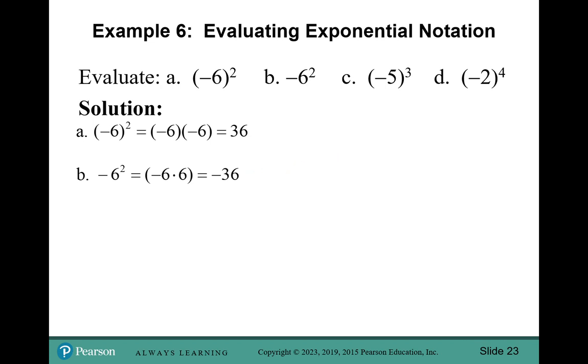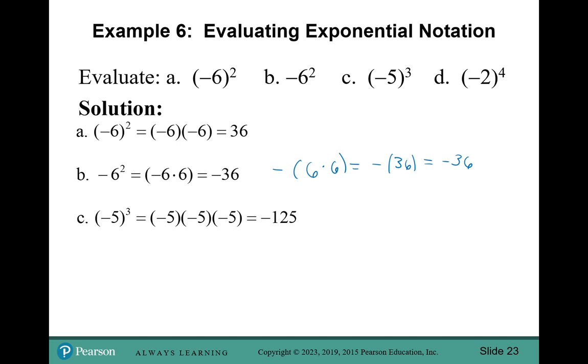Sometimes I prefer to write this negative times 6 times 6. So you can see that negative is completely different from that exponent right there. It turns out to be the same thing because you have your negative outside, and 6 times 6 is 36, and negative 36 in parentheses just reduces down to negative 36.